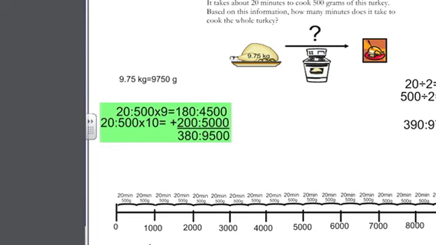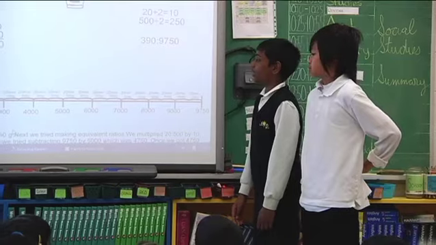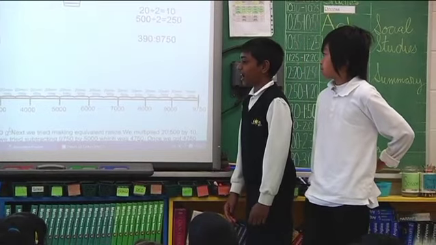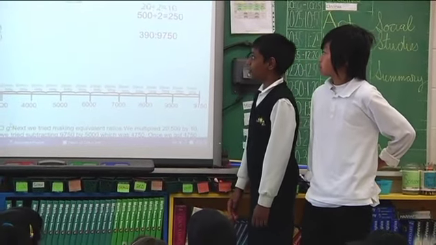We added those two up to get 380 minutes for 9,500 grams. Because 9,750 minus 9,500 is 250 grams, we had to figure out how much time it takes to cook 250 grams.